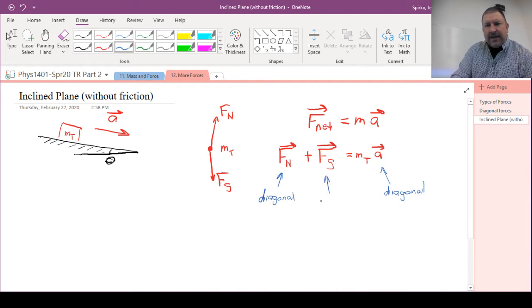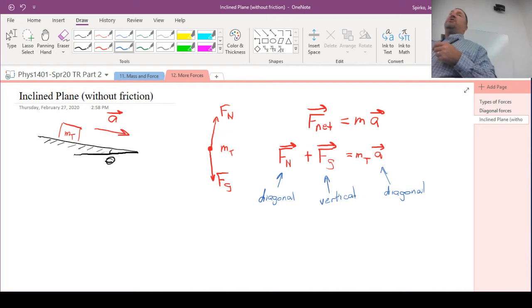This thing here is vertical. So we've developed a strategy for how to deal with this situation, where most of our vectors are diagonal. We would much prefer it like what we had on the previous page, where we had a bunch of vertical and horizontal vectors that lined up with our coordinate system.